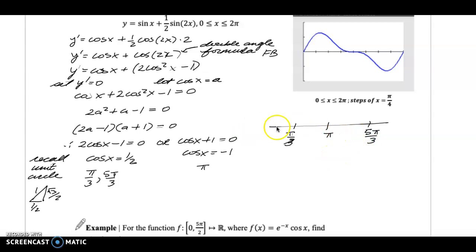So what you can do is then you test points. So if you test a point of, like, let's say 0, so just put in for your y prime 0, that'll be positive. If you do this with other subsequent points, so whatever x you put in, so right here, this is my pi. Right here, you know that peak, because it's a 0, you know that's pi over 3.